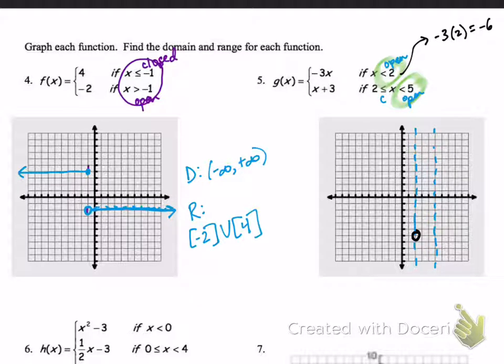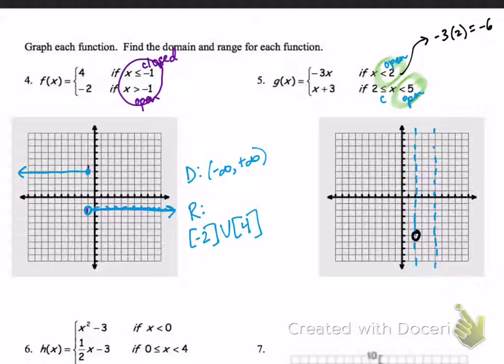Does everyone see how I got that? I just plugged in 2 into my equation. I evaluated it. So I have an open circle at 2, -6. Then my slope is -3. So that means I could go up 3, left 1, up 3, left 1. You can always plug in values.